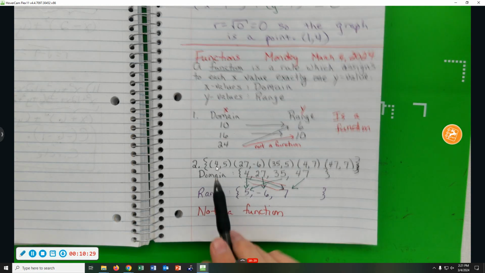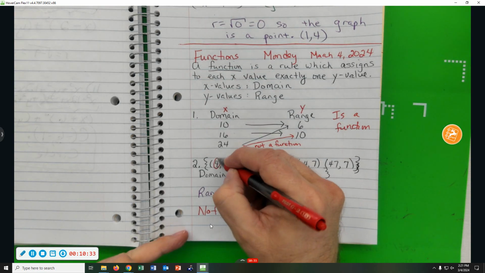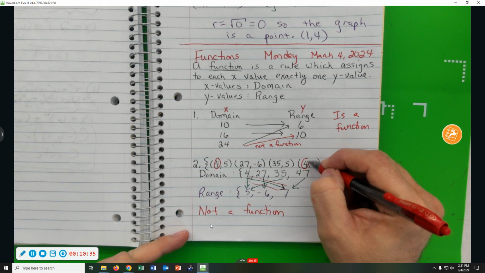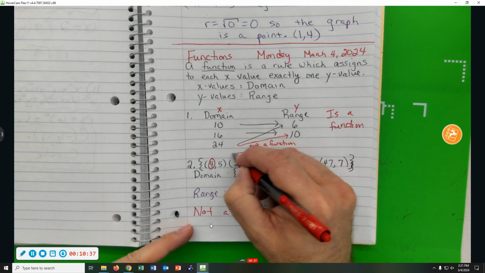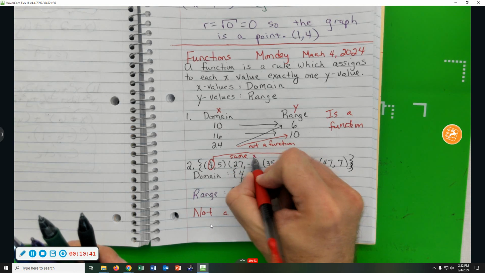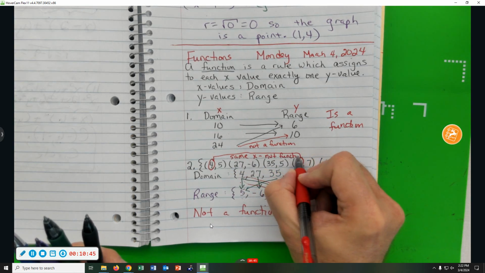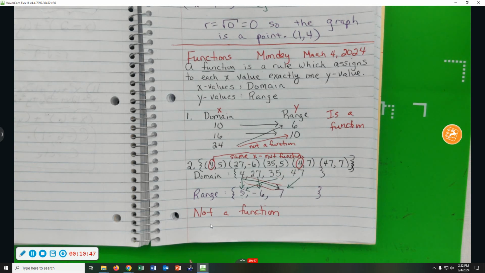Look, 4's repeated. Notice, two ordered pairs with the same x value. The repeated y's are okay. It's the repeated x's that you can't have. Okay? Make a note. You cannot have repeated x values. Is that legible? It says same x, not a function.